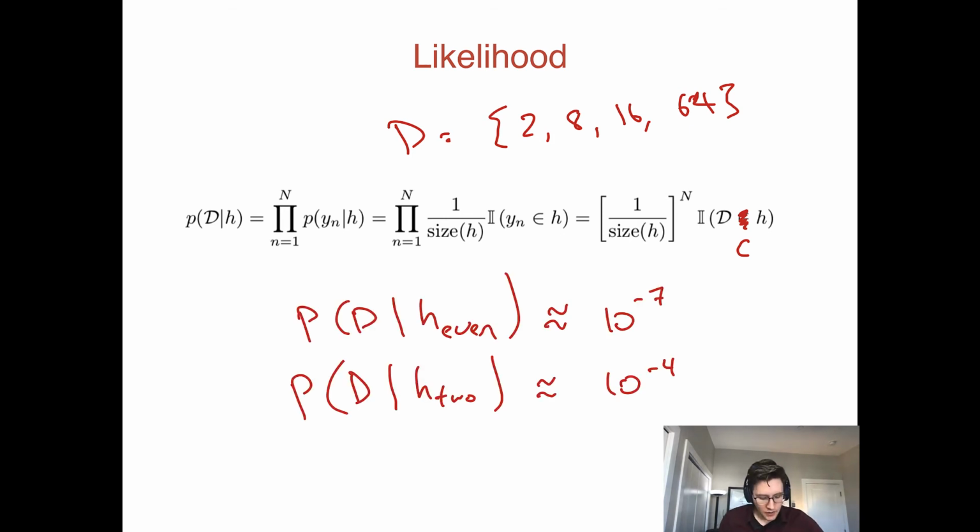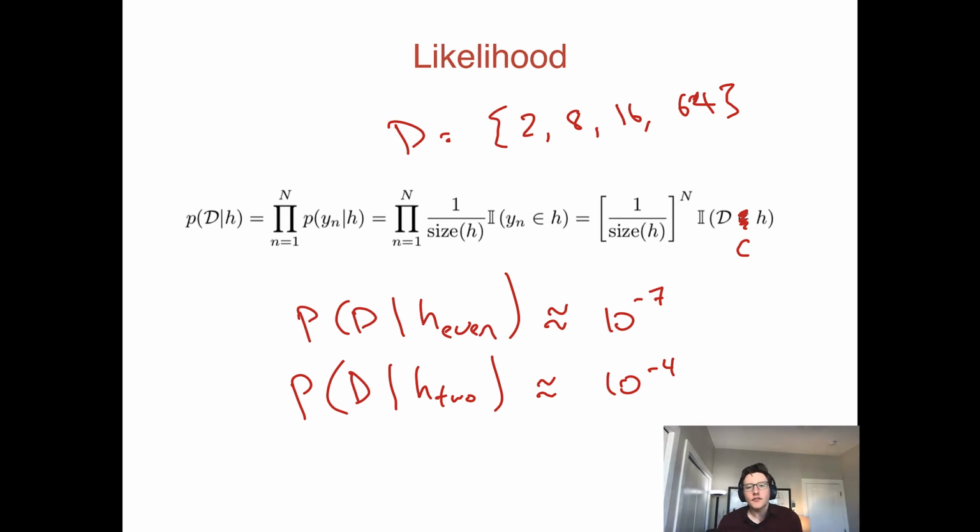And in fact, we could even put specific values on this. If you actually compute these numbers, you find that the likelihood of h even is about 10 to the minus 7, and the likelihood of h2 is 10 to the minus 4. So you can see that h2 has a much higher likelihood.